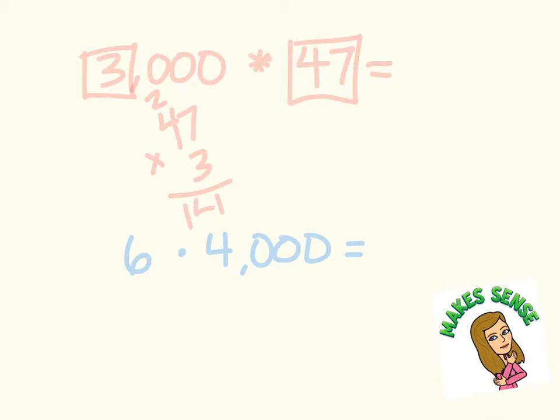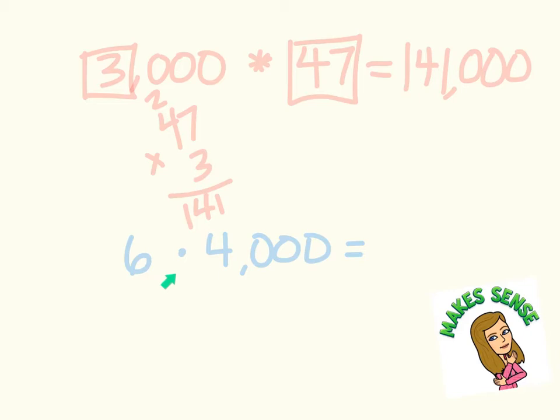Plus 2, 14. So that's the beginning of my answer. Now all I need is my magic zeros. There's 1, 2, 3 in 3,000. None in 47. So we just carry over 3 magic zeros. So 141,000 is the product.